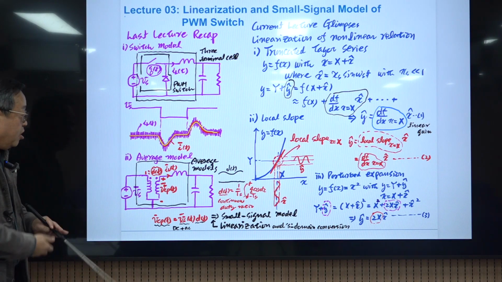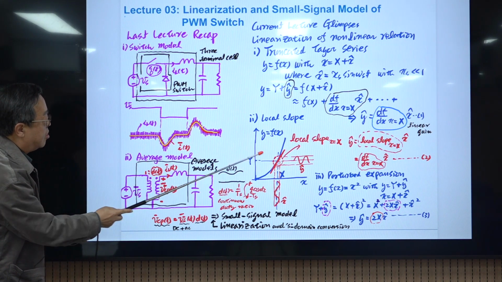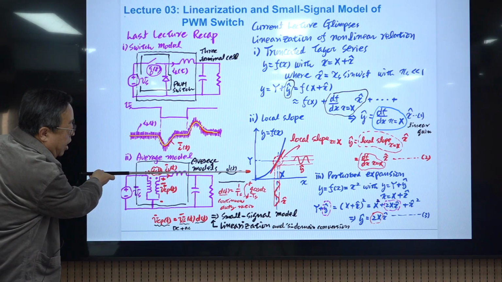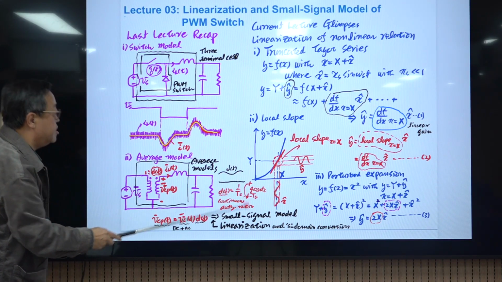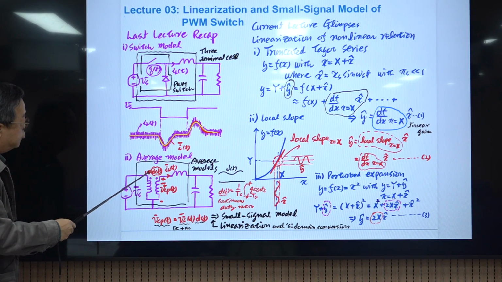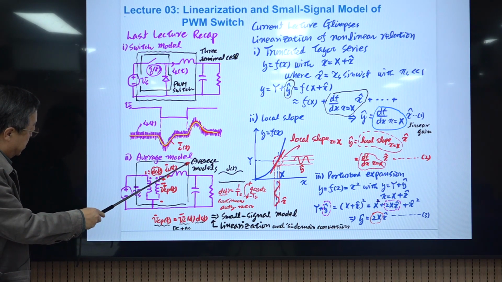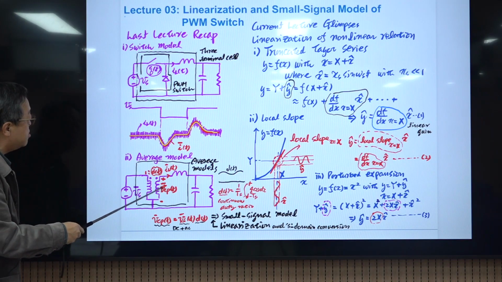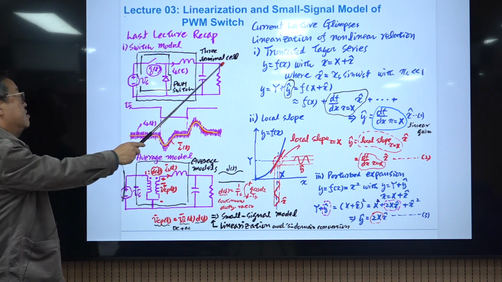So all the circuit variables here, the Vs and every other circuit variable, are continuous variables. Even this duty ratio d(t) is something like this. So it contains a DC component, and the AC component is superimposed on the DC component. So this is the average model. Again, this is the average model of the PWM switch, and the box in the black curve is the average model of the 3-terminal cell.